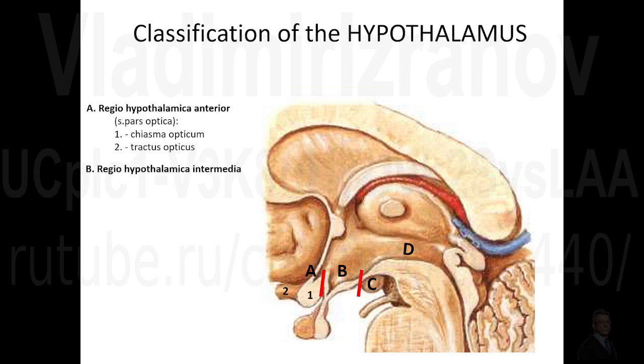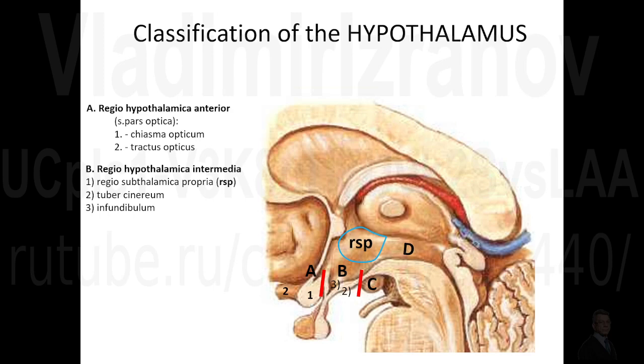The next region is regio hypothalamica intermedia, B. It consists of regio subthalamica propria, RSP, and number 2, tuber cinereum, and number 3, infundibulum.